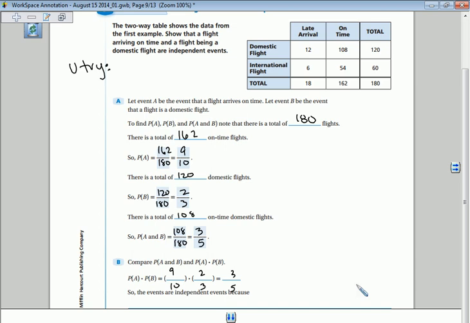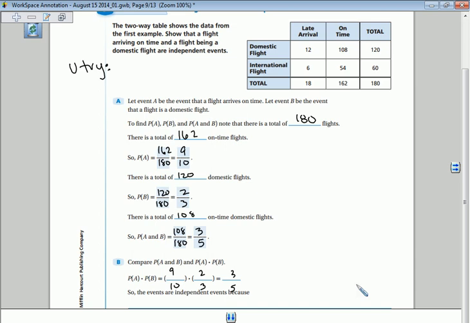Okay, so as you work through this, do you see how this example is working through the other part of the definition we had? That the probability of A and B is equal to the probability of A times the probability of B, if and only if they're what kind of events? Independent.